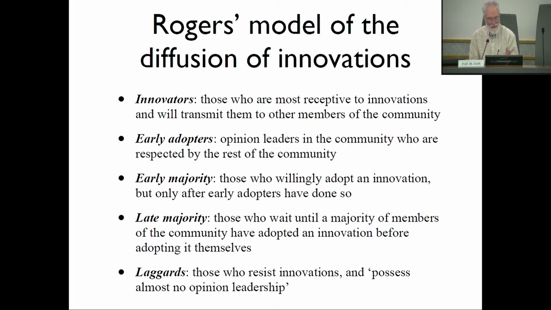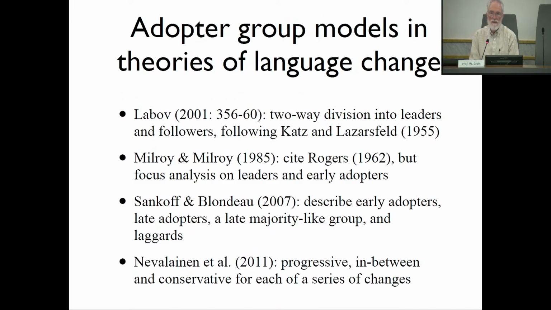You could separate these and make a more complex theory, but on the whole, the sociolinguists haven't done that. Instead, the sociolinguists have made theories that have fewer categories than the Rogers model. So Labov just has a two-way division into leaders and followers instead of that five-way division.